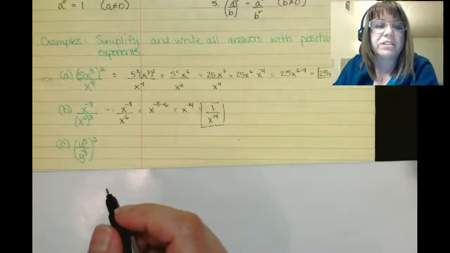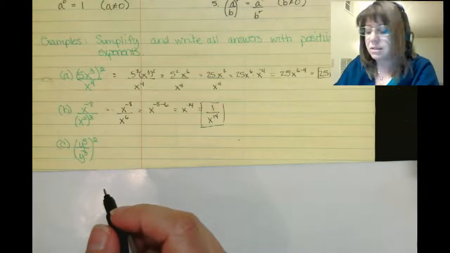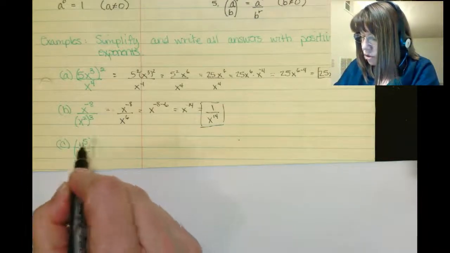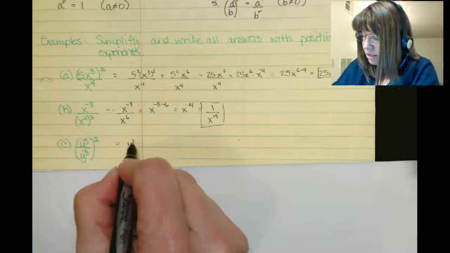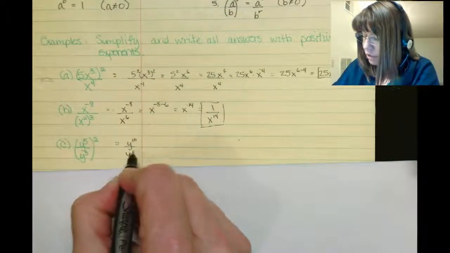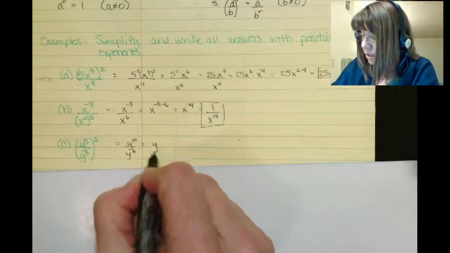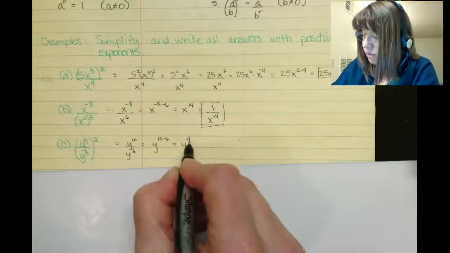All right, one more. There's a couple of ways we can do this one. So I might show you both ways, so hold on. Let's go with y. Let's distribute the 2 to both of them. So my first way of doing it is going to be y to the 10th over y to the 6th. Now I can use another property to say y to the 10th minus 6, and that's y to the 4th.